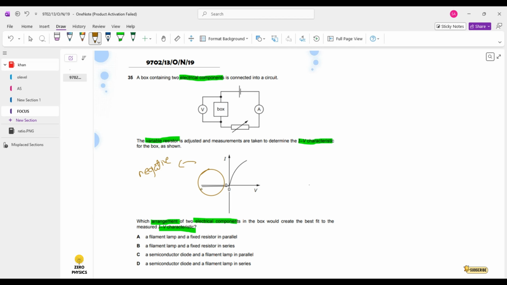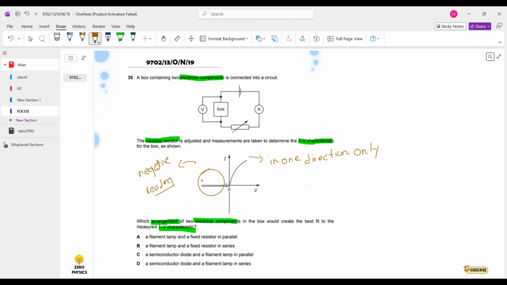Because the reading for voltage is going upwards while the current is zero. Second thing is that the current is flowing in one direction only, right? Because there is no current flowing here. The current is flowing in this direction.